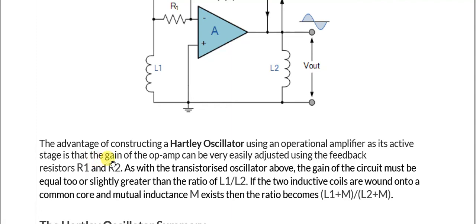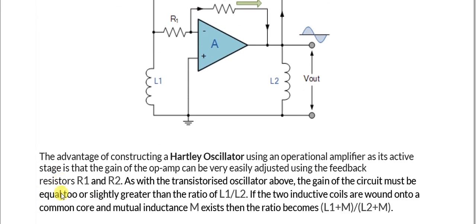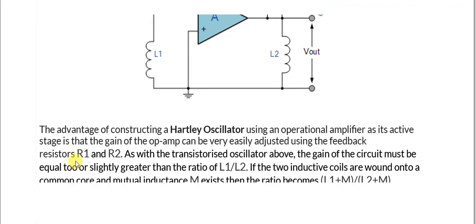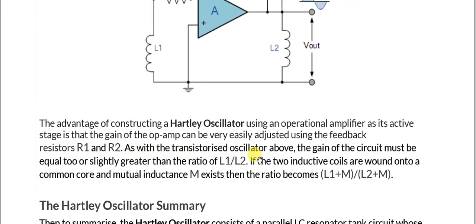As with the transistorized oscillator above, the gain of the circuit must be equal to or slightly greater than the ratio of L1 to L2. If the two inductive coils are wound onto a common core, a mutual inductance M exists, and then the ratio becomes L1 plus M divided by L2 plus M.